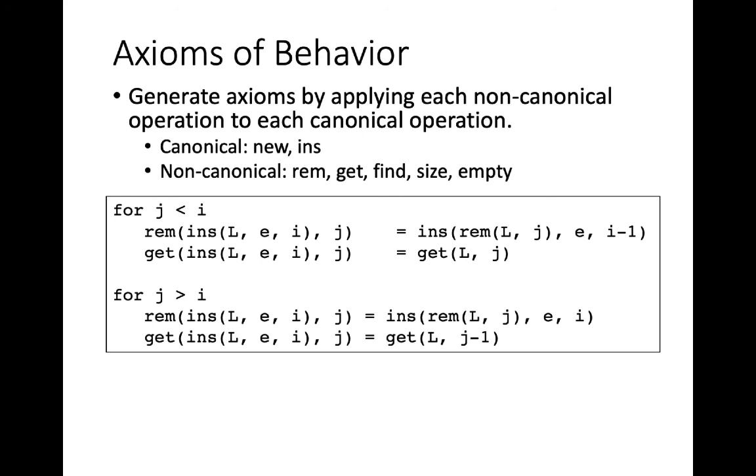And the same kind of thing with get. If j is before I, then getting the jth element from the result of inserting element e at position I is exactly the same thing as getting the jth element from the original list, because j is before I, and the insertion of element e at position I, which is past j, doesn't affect any of the indices that are before I. And so here we can see that we're now formally defining things that we understood about a list informally, but now we have an algebra for it, if you will, right?